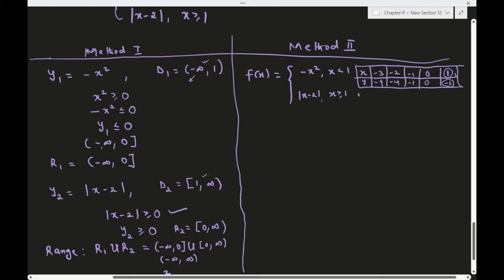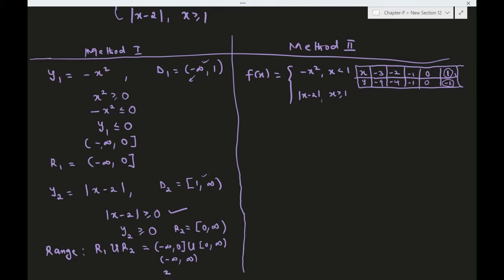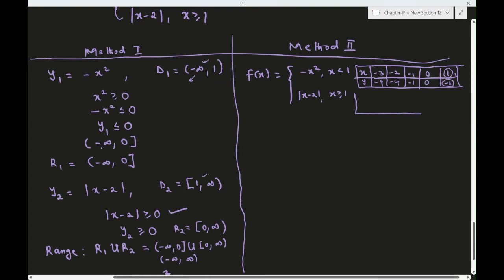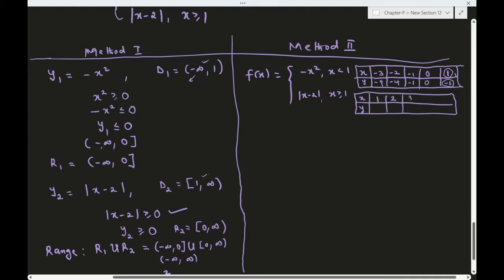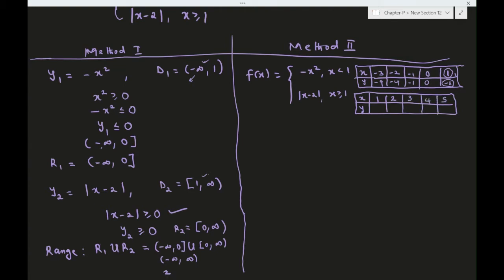Now, for the second piece, let's also take values. Here, our x is greater than or equal to 1. So we can start from 1, 2, 3, 4, 5.